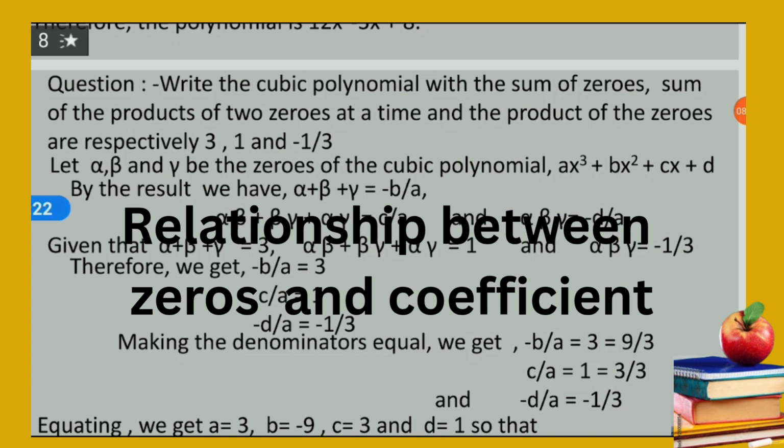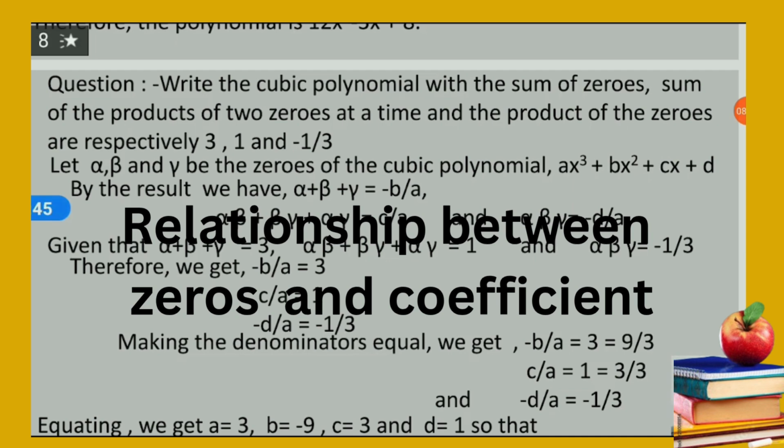And the product of zeros, what is the product of zeros? Alpha beta gamma is equal to negative 1 by 3. These are the given things. Now our aim is to find the values of a, b, c and d. We know the standard form of the cubic polynomial is ax cube plus bx square plus cx plus d.